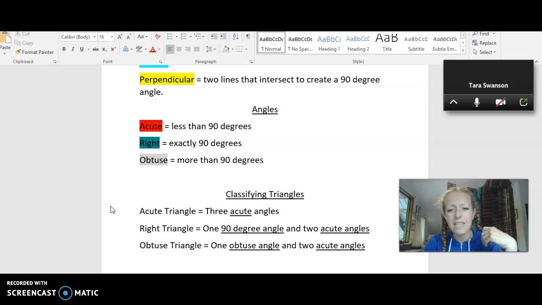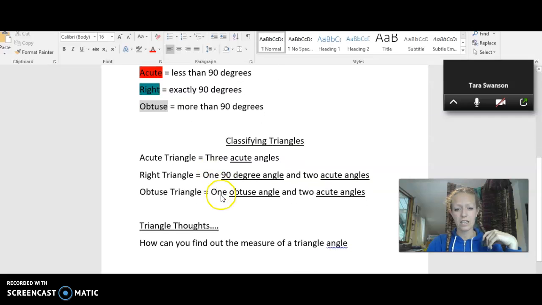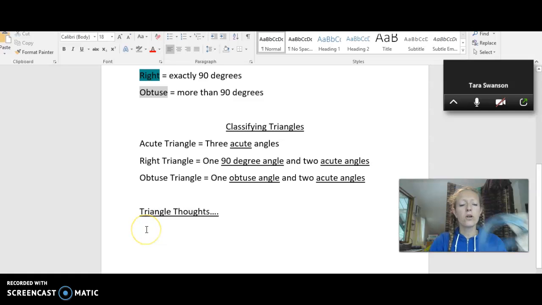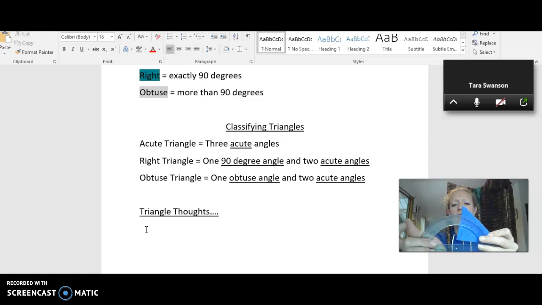All right, boys and girls, the last thing I want to call your attention to about triangles before we move on to volume is this mysterious thing about triangles that isn't actually in my notes yet. Okay, so let's go back to our right triangle. So I will take mine here. I know it's my right triangle because it has that 90 degrees.